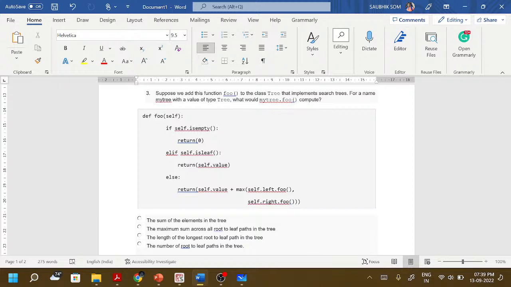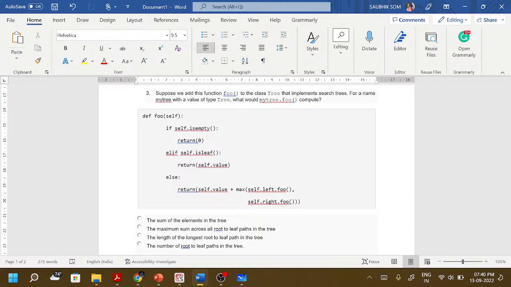Okay. Suppose we add this function foo to the class Tree, which implements search trees. For a tree named my_tree, whatever binary tree we had done, what would my_tree.foo compute? Def foo(self): if self is empty, return 0.